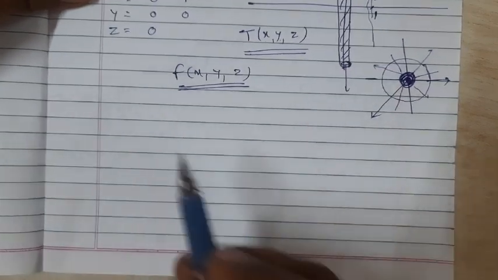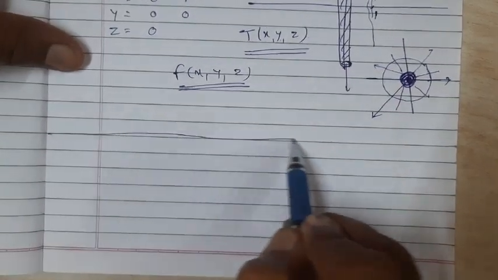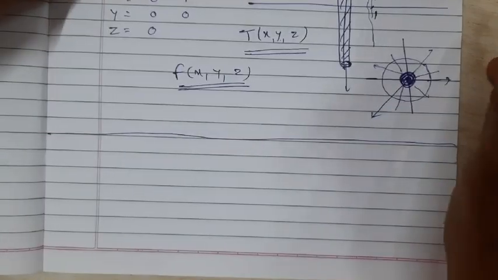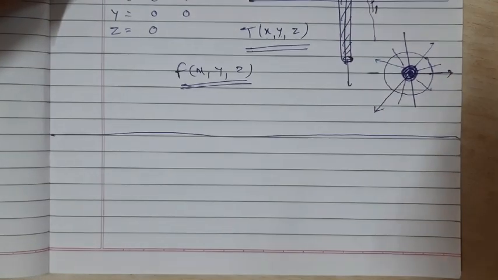Now in a similar manner, I can give you an example of a vector function too. Suppose instead of having a scalar physical quantity like temperature, density, etc., we have to express a vector physical quantity.